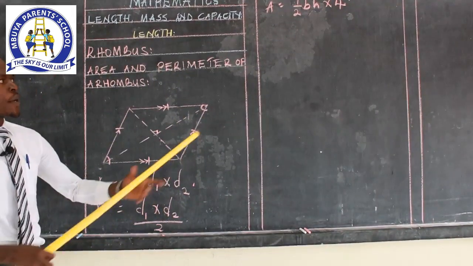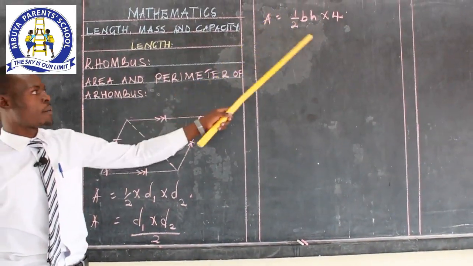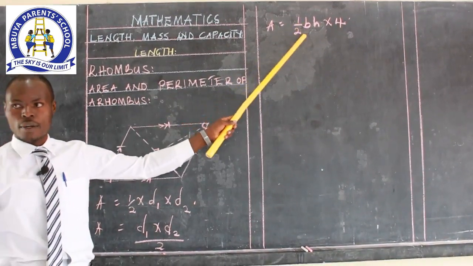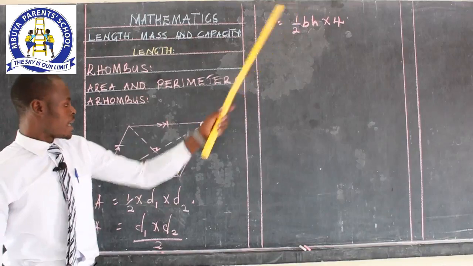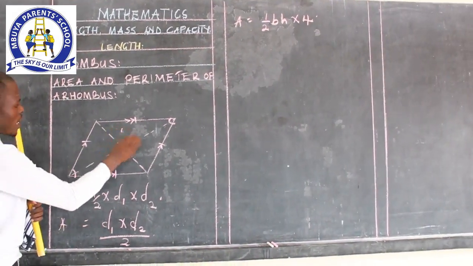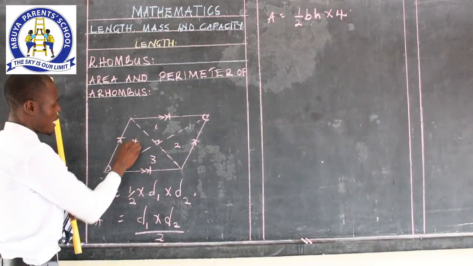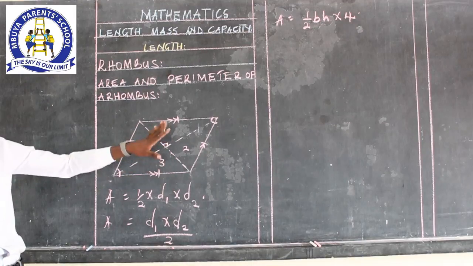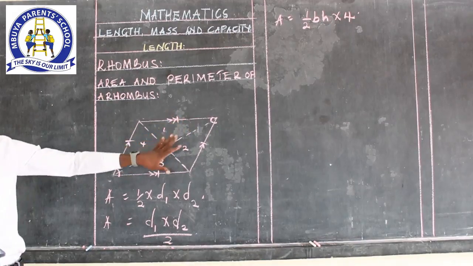Briefly, I'll explain why we use this formula. We've seen it previously: this formula is used for getting the area of a triangle. Now we are saying that in this rhombus, we've got 4 triangles: 1, 2, 3, and 4. All of these 4 triangles are right-angled triangles, and they are all equal.